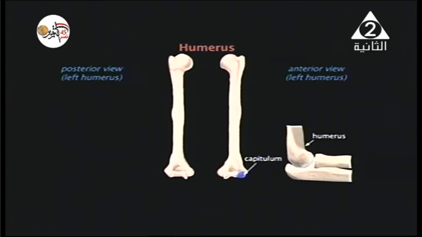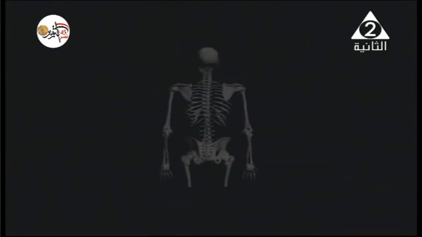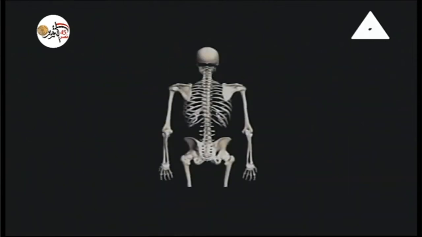This is the humerus that supports the upper arm, while the lower arm is supported by 2 bones. One of them is called ulna, which is fixed, and the other one is movable or rotates around it. We call it radius.